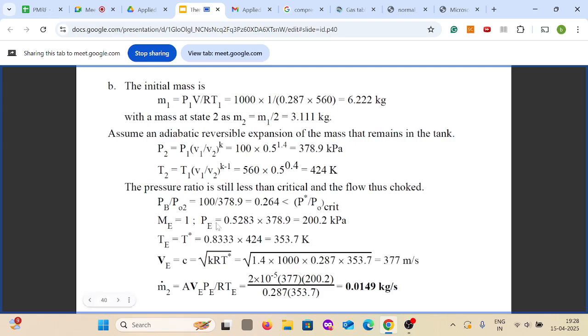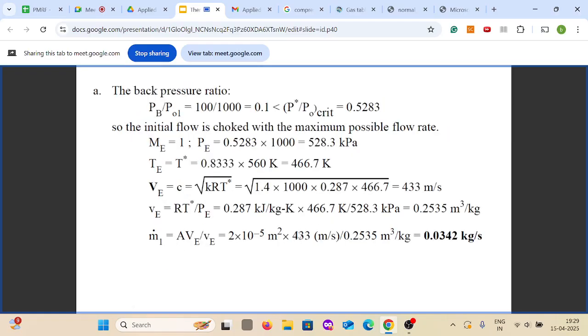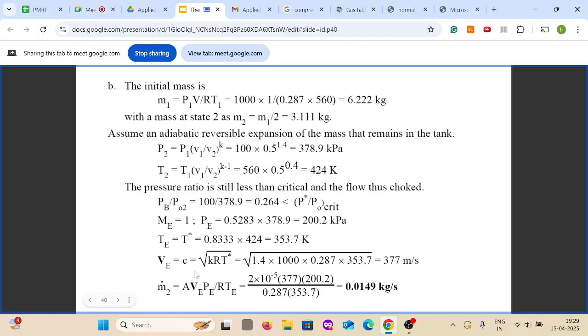So the exit pressure now will be 200.2 kilopascal, the exit temperature is 353.7 Kelvin, and the exit velocity is 377 meters per second. It has reduced from the previous. The mass flow rate now is again A V by v, which is P by RT.